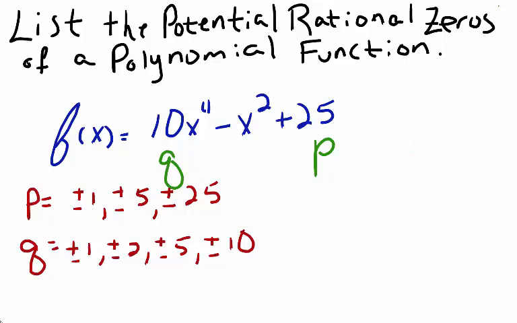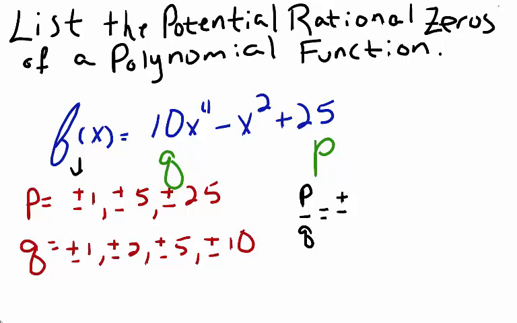Next, we form all possible ratios for p over q. So I'll start with plus or minus 1. Now I'll write that as a ratio over q. So our first one, we have plus or minus 1 over 1, which I'll just write as plus or minus 1.